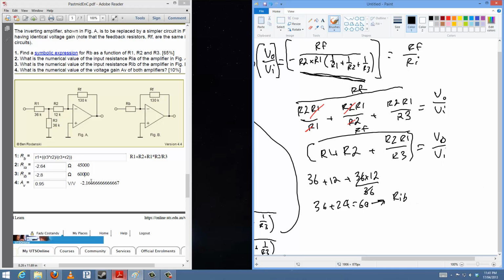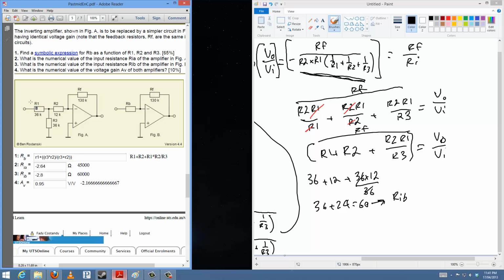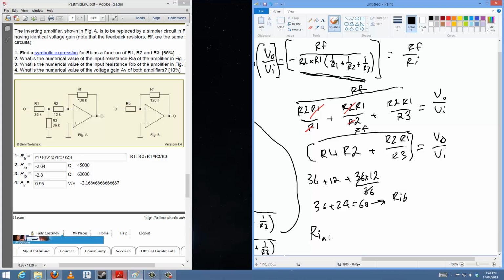Now I think that's what it uses to calculate the gain, but I'll have to double check. Calculating RIA, which is the input resistance for these here, you can see going from VI, you end up having R1 in series with R2 and R3 in parallel. So RIA is just going to be R1 plus R2 times R3 on R2 plus R3.